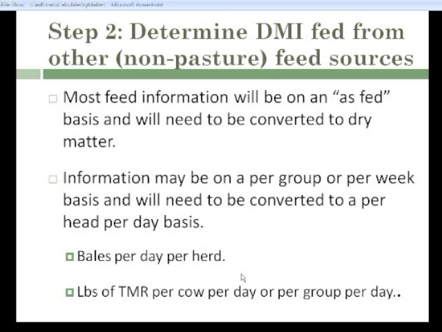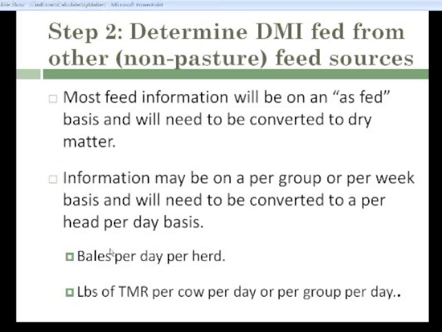Now I will say it is possible to do these dry matter intake calculations on a per group basis. You don't always have to convert it over to a per head basis. But for the sake of doing it consistently, we're just going to do everything on a per head basis today, because that's the way the numbers are presented in those dry matter demand tables. So it's usually a lot easier to do it this way.